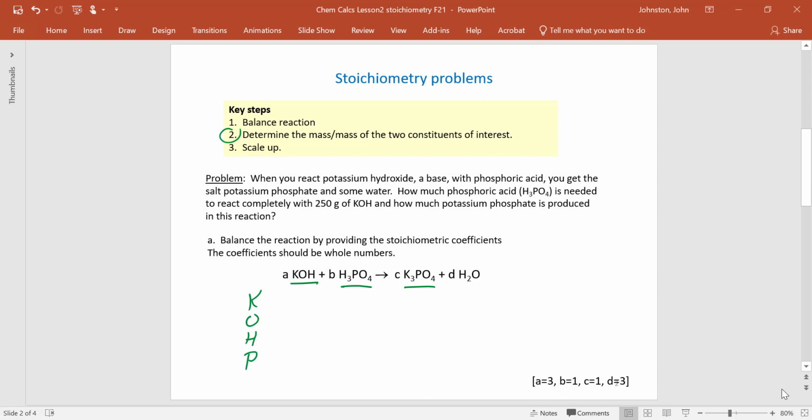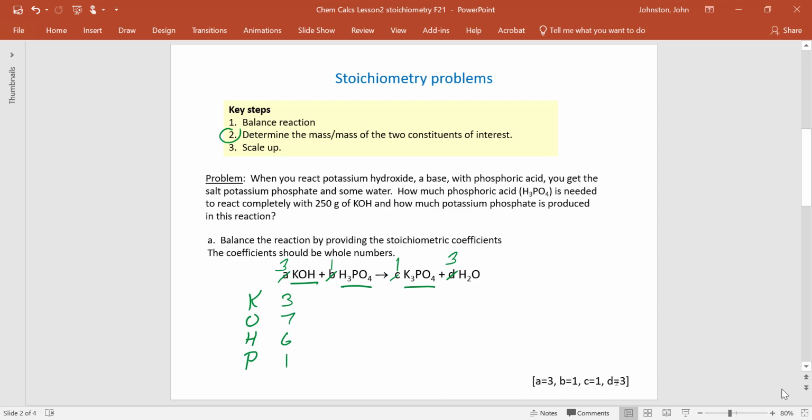So I've worked this out in advance and determined that should be 3, that should be 1, that should be 1, and that should be 3. And on the left-hand side, that gives us 3 Ks and 3 plus 4, 7 oxygens, and 3 plus 3, 6 hydrogens, and 1 phosphorus.